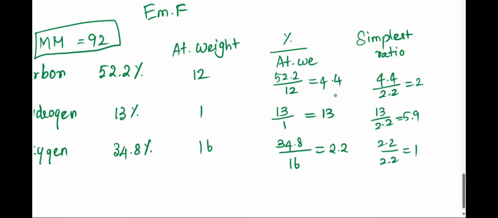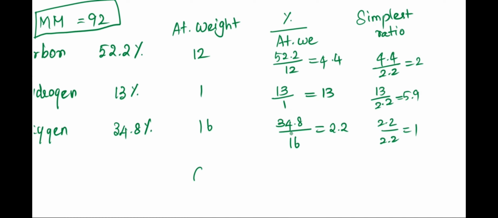So take a round figure of the simplest ratio, which will become carbon is 2, hydrogen will become 6 because I'm having 5.9, oxygen is 1.